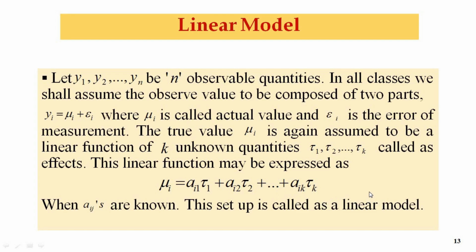A model in which all the tau i's are random variables except for the additive constant is called a random effect model. And a model in which at least one tau i is a random variable and at least one tau j is a constant is called a mixed effect model.